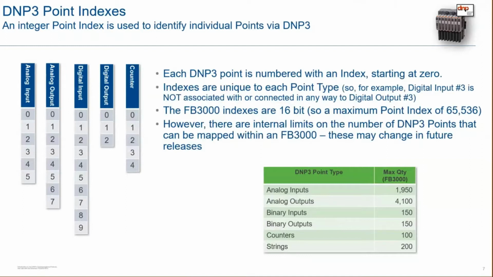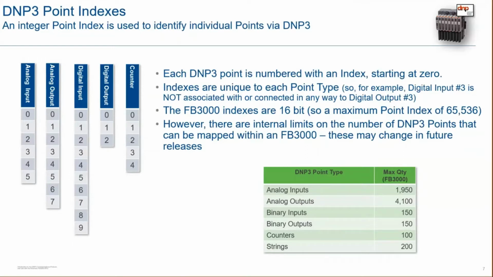So it's important to realize that, for example, those integer indexes are unique to the type. So, for example, you can have a digital input 0 or a digital output 0. Those are separate points. They're not connected or associated in any way. It's just they've both got address 0, but you also need to indicate which point type you're talking to.